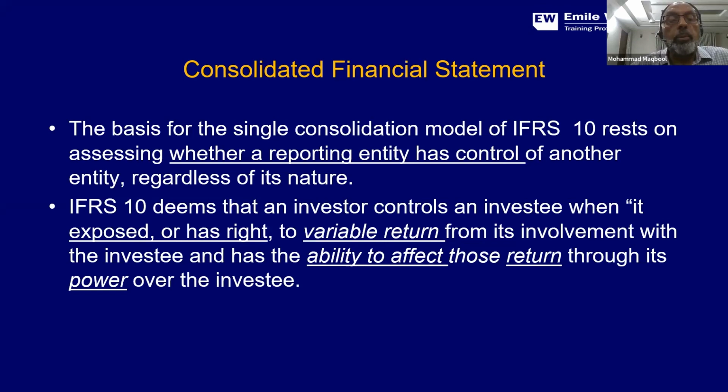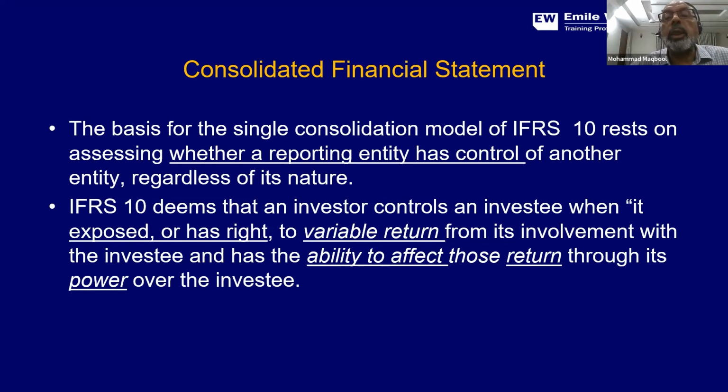The definition of control basically has three components. One, as an investor, you are exposed to, or have rights to, variable returns. Second, you have the ability to direct the investee's relevant activities. As a result of that power, you can affect the size of the return.